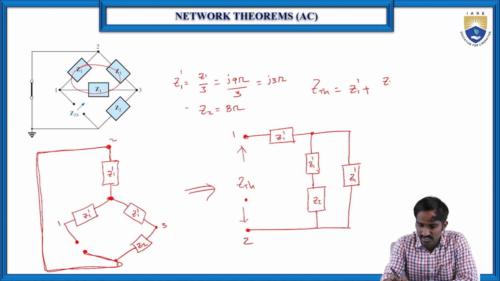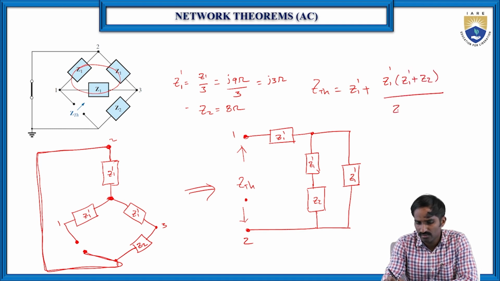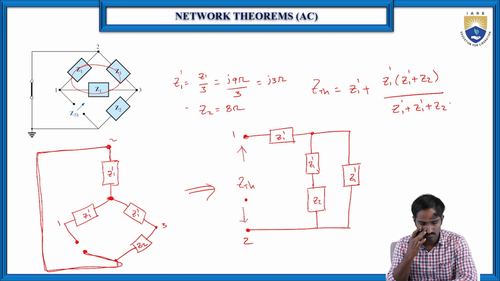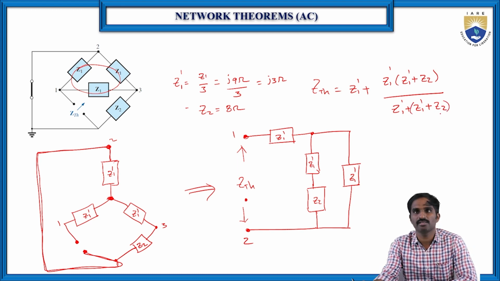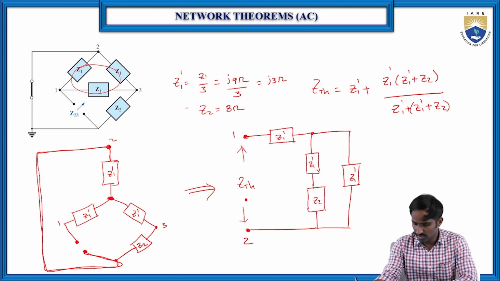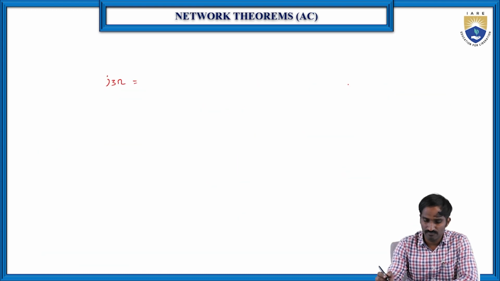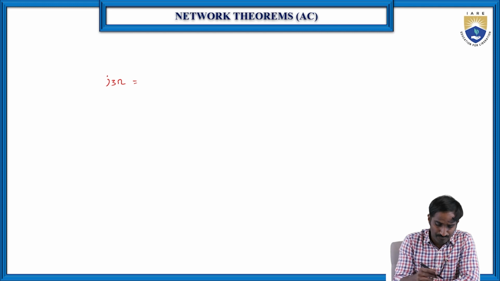So Z1 dash plus Z1 dash by Z1 dash plus Z2 by Z1 dash plus Z1 dash plus Z2. For better understanding, I can just place this one. Then substitute these values here. The Z1 dash here is 3 ohms.